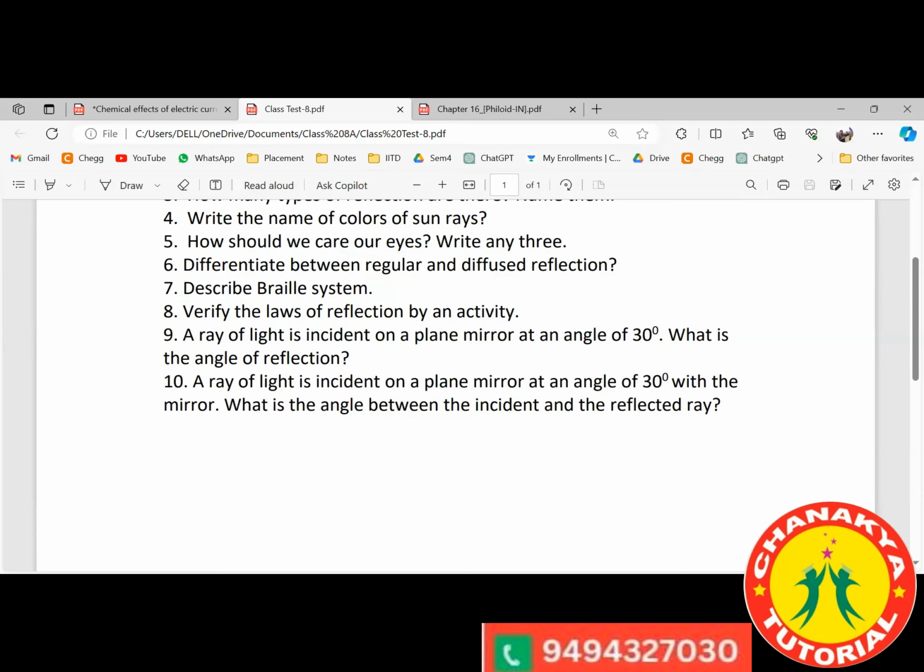I agree with Rohit, sir, but what I wrote is better. The most popular aid for visually challenged people is the Braille system. It has 63 dot patterns.